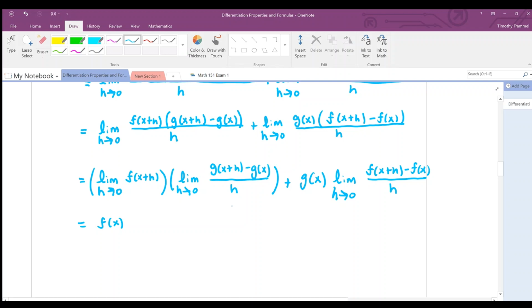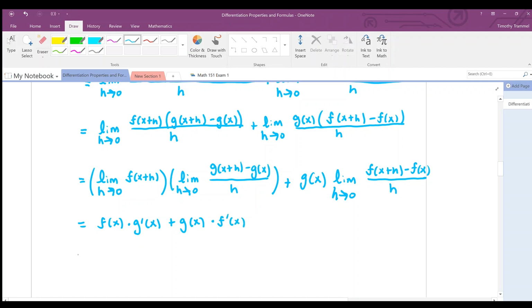The second piece here looks identical to the definition of the derivative of g. So this is times g prime of x. And then we have plus g of x times what looks like the derivative of f. And it is. So times f prime of x.